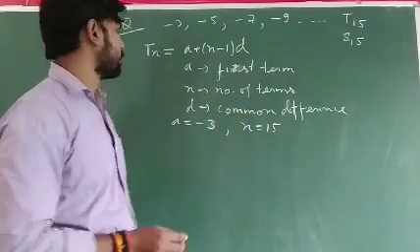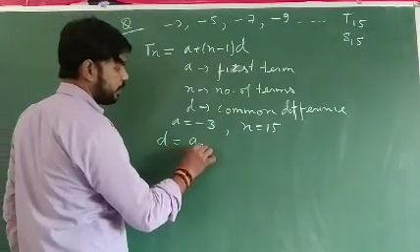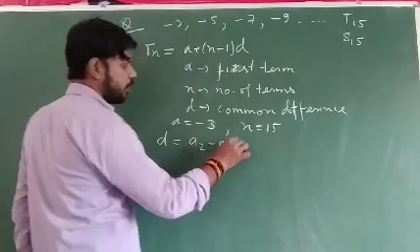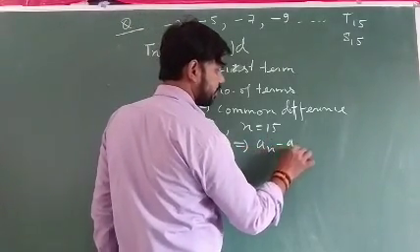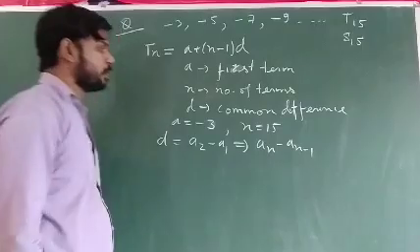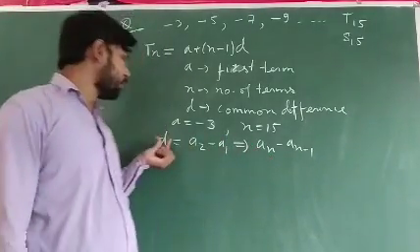And the common difference? How will you find it? For the common difference we need to find a2 minus a1, or you can say an minus a(n-1), means from two consecutive terms we find the common difference.